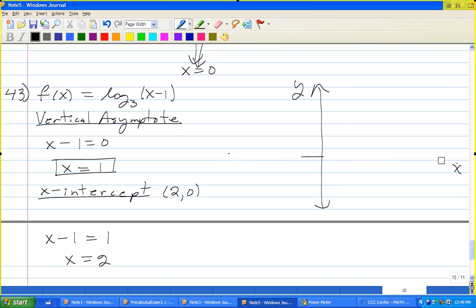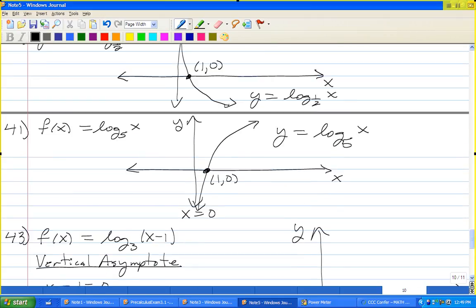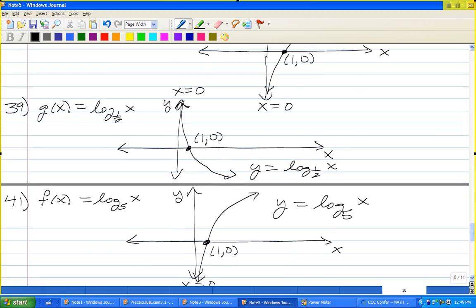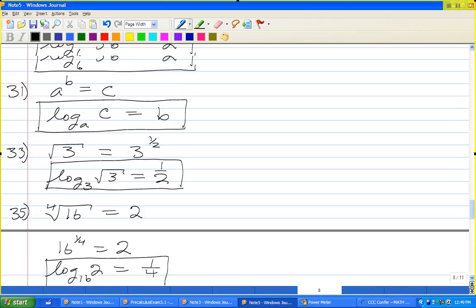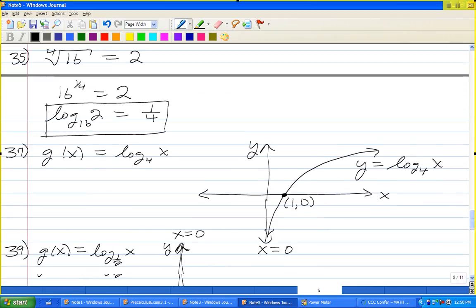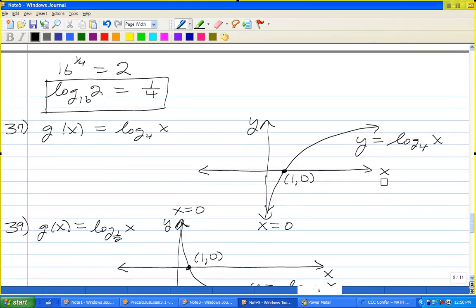Okay, good enough. And so it looks like the log base 3, which looks like that.